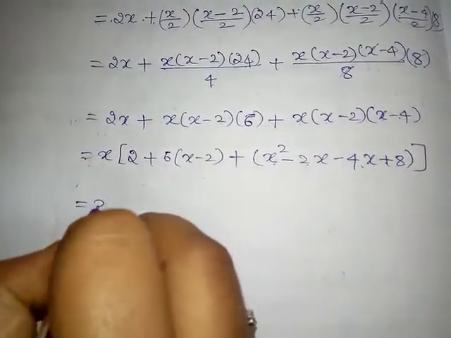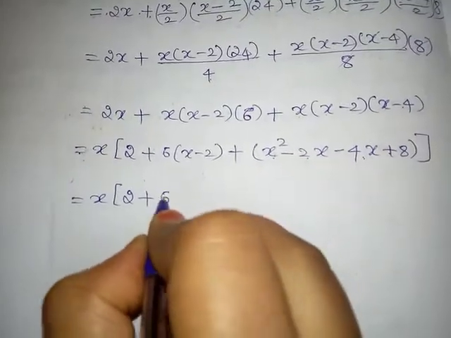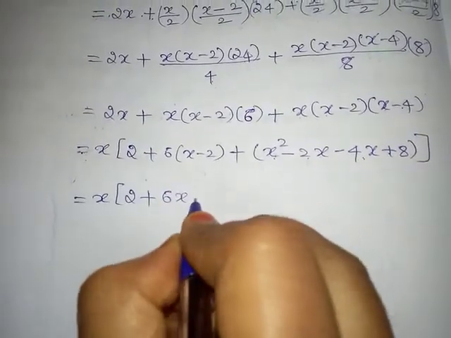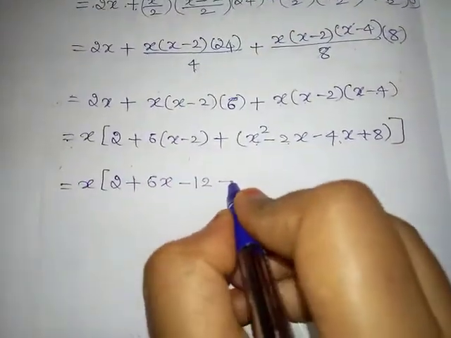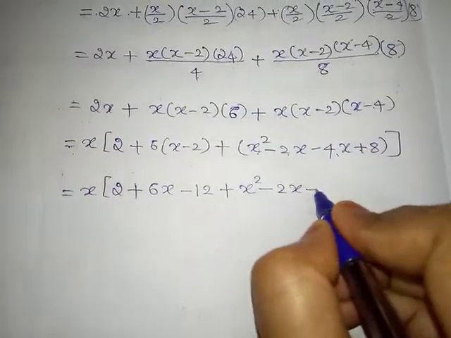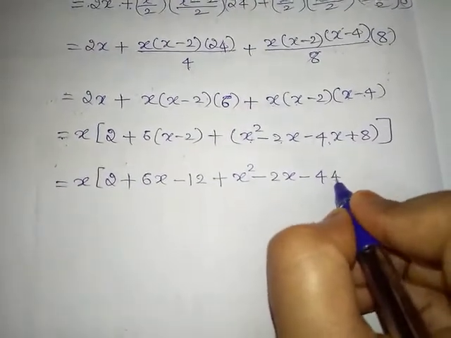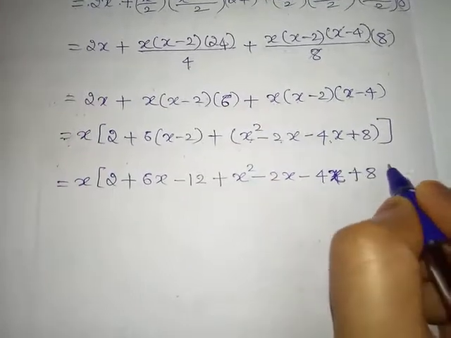Now simplify this one: x into 2 plus 6x, plus into minus is minus 12, 6 twos are 12, plus x square minus 2x minus 4x plus 8.